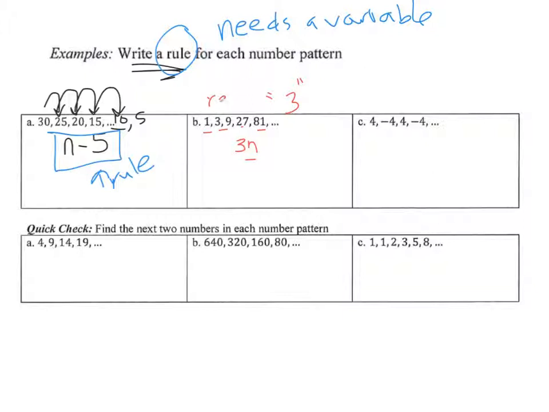The second term I plug in 2 for n but I get 6, and there's not a 6 in my pattern. I know it's not n plus 3 because if I plug in 1 and add 3, I get 4, so that doesn't work either. So I'm going to try n to the third power. If I plug in 1, 1 cubed is 3. That works.